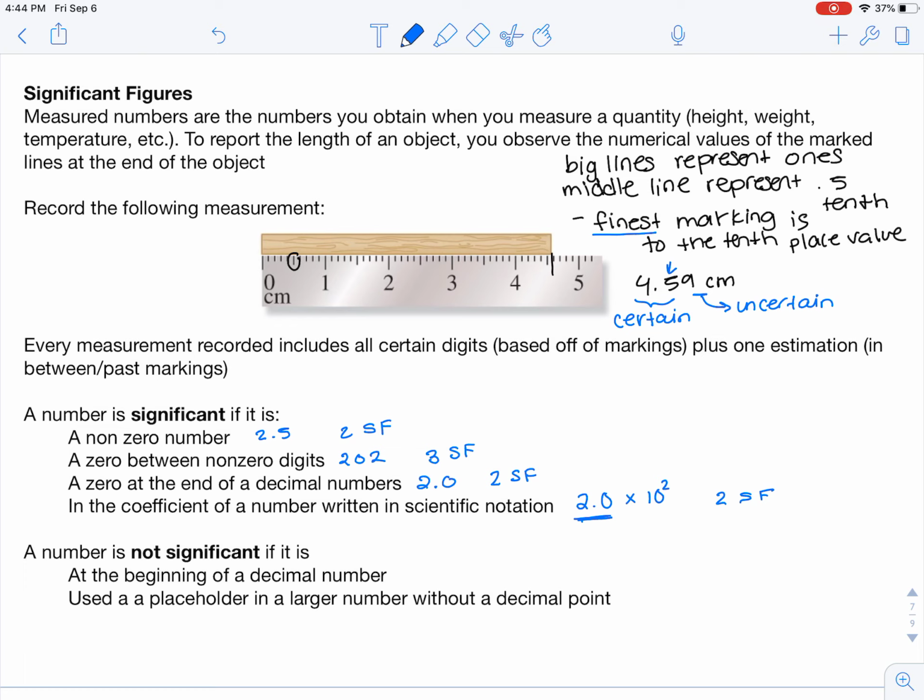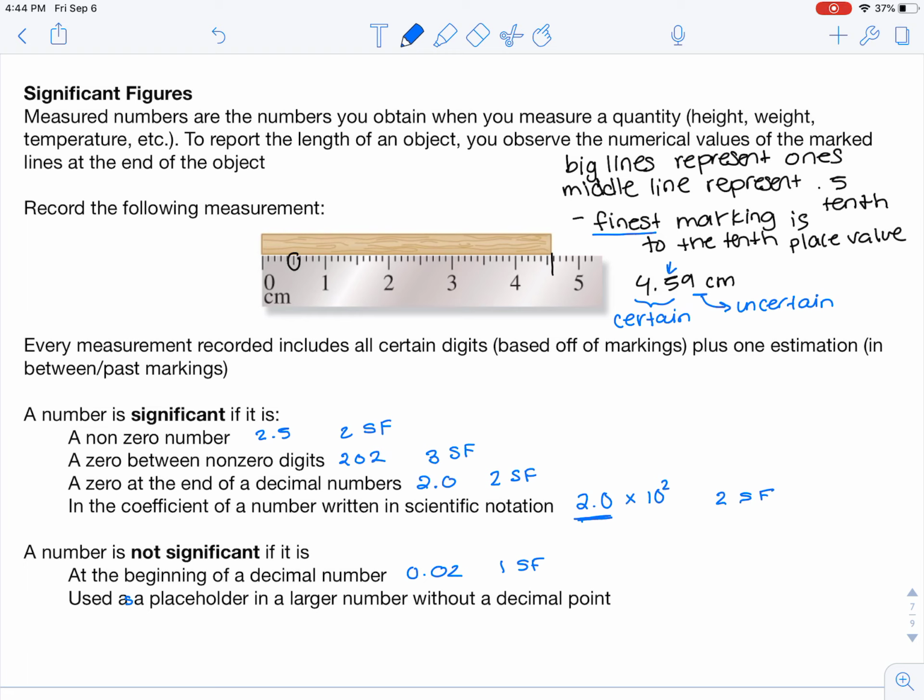All right. Zeros at the beginning of a decimal number are non-significant. So if you were to see something like 0.02, now those zeros, even though there's a decimal, don't really give us any information, so you only have 1 significant figure. Zeros used as a placeholder in a large number without a decimal point.